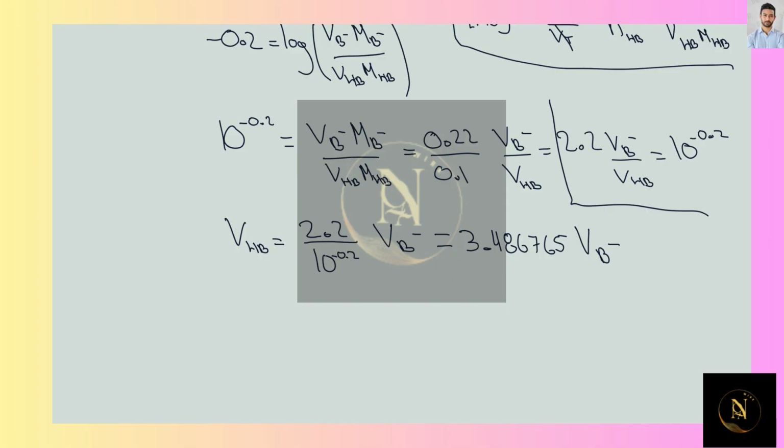Now, where do you think this is going to be useful? Well, we have a relationship between one and the other, and I also have an equation for the total volume. The total volume for my solution needs to be equal to the volume of HB plus the volume of B minus. And right now I can do all the calculations directly in milliliters because they are going to have the same units. So 100 milliliters over here.